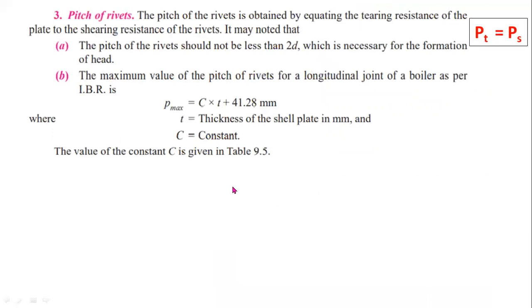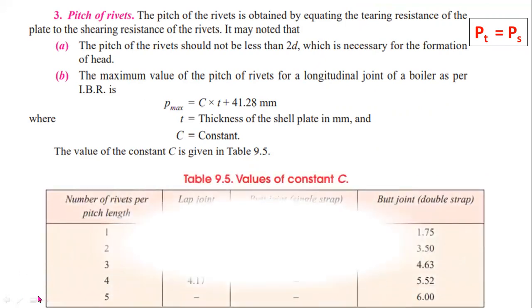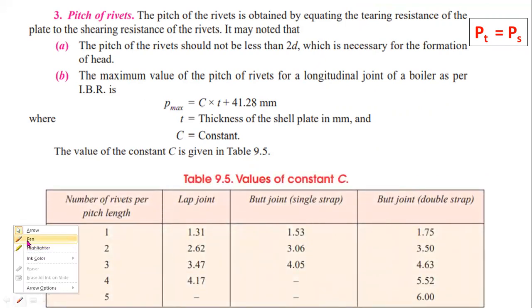Now, for determining the pitch of the rivets, you have to use this formula. For determining the pitch of rivets, you have to equate the tearing strength of the plate and the shearing strength of the plate.